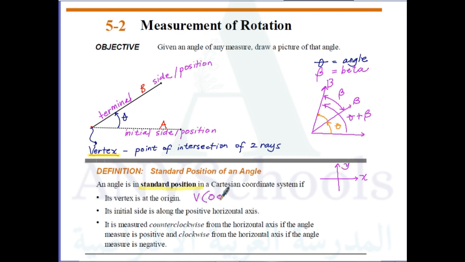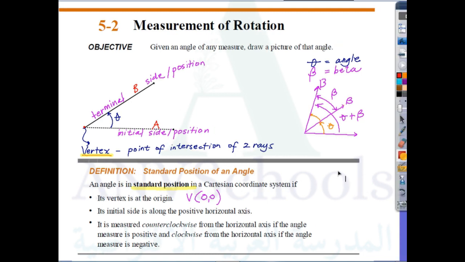Meaning the vertex of the angle should come from the origin. Number two, its initial side is along the positive horizontal axis. Okay, let's draw a more decent Cartesian plane.